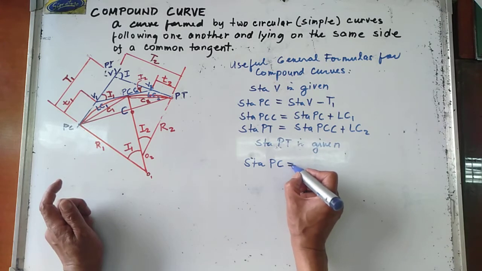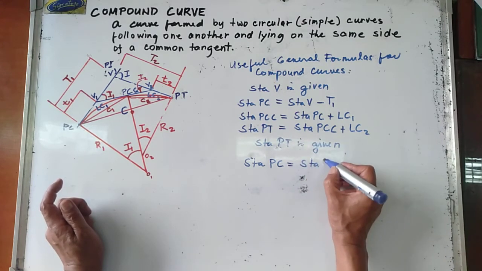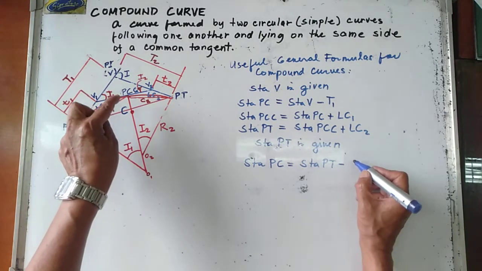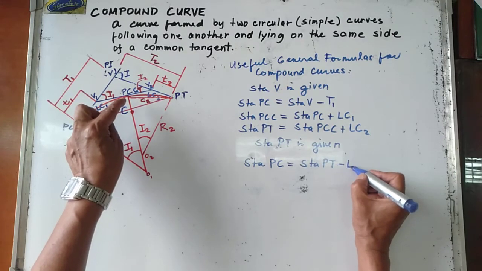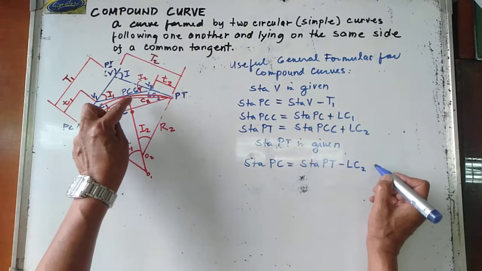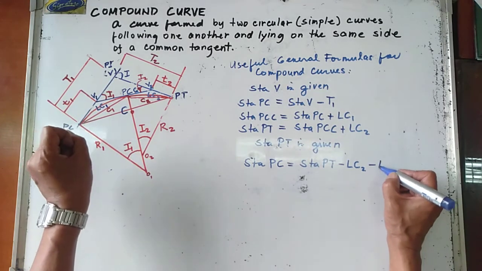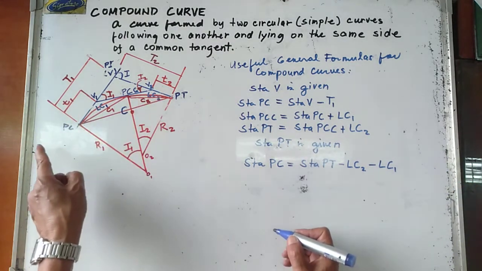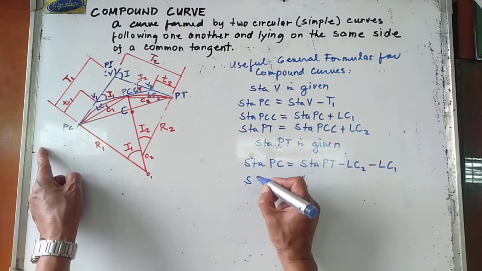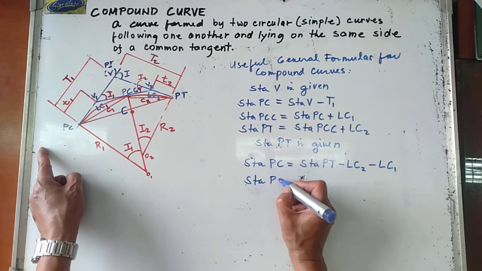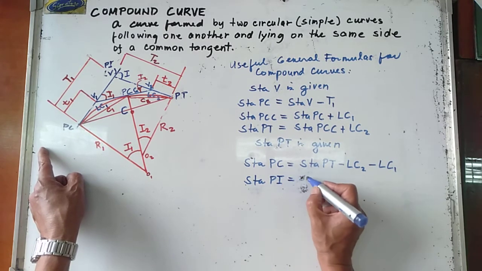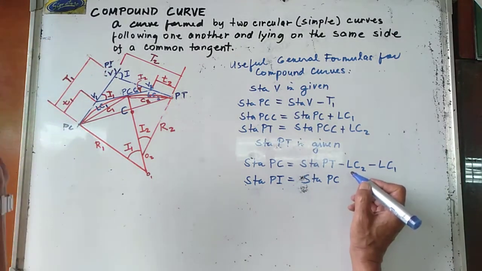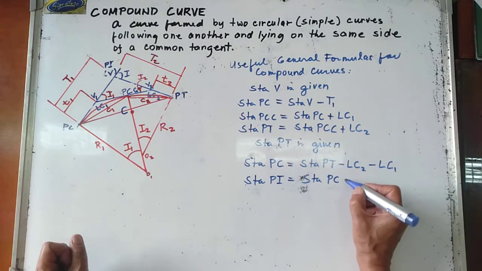So station PC is equal to station of the PT minus the length of the second simple curve minus the length of the first simple curve. So we always go to PC. And then if you are required to determine station of the vertex or station of the PI, we have station PC plus the tangent distance T1.